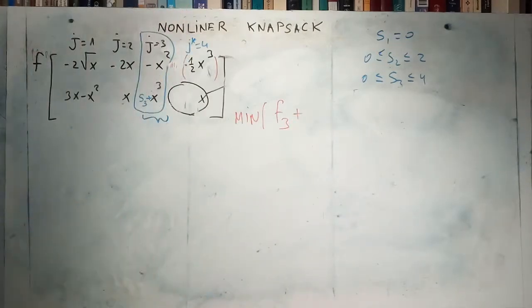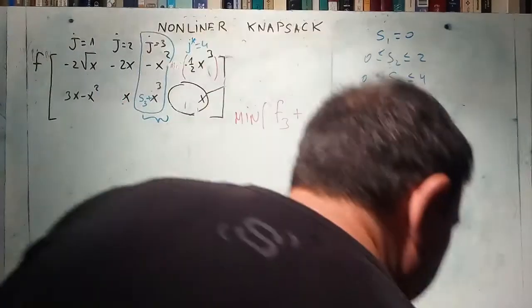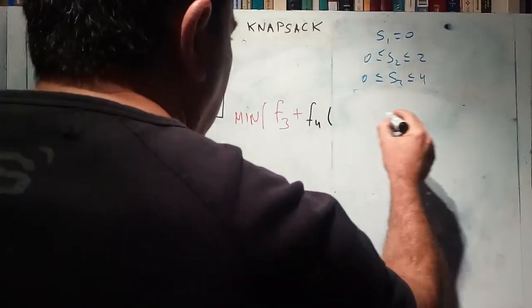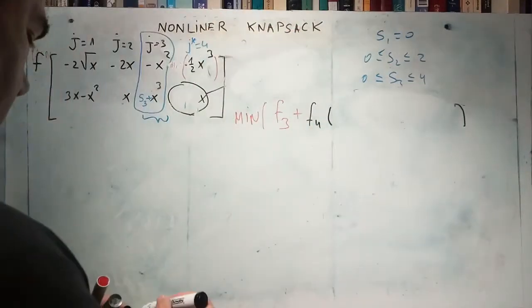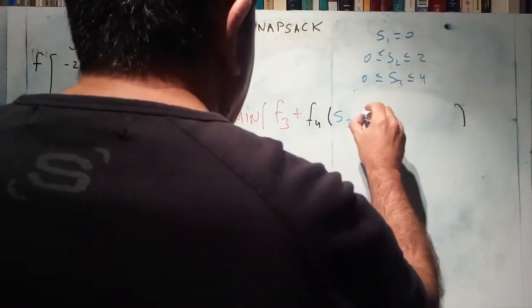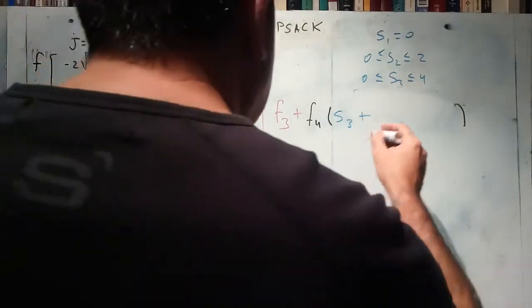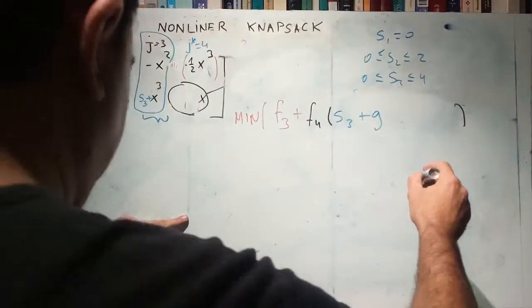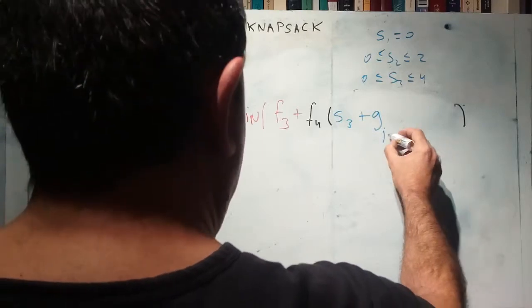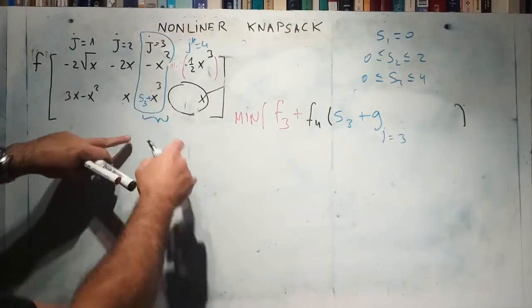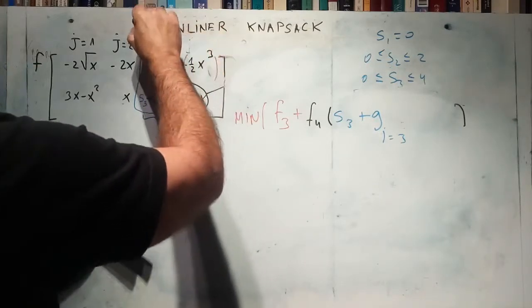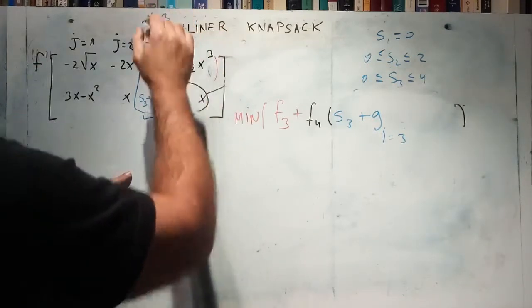plus f4, let me put it in black, s4 of s3 plus g for j being 3. We are in this column. J star is 3, right?